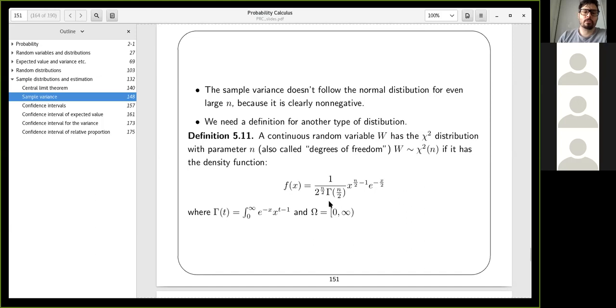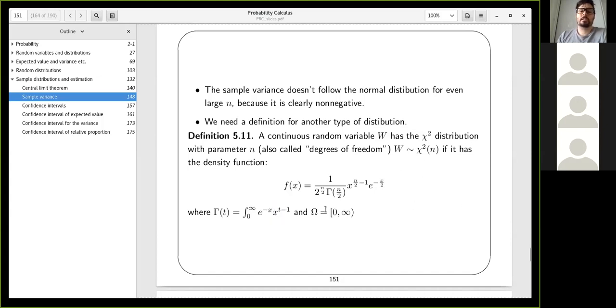It involves the use of the Euler gamma function here, and this goes very far beyond the scope of this course to prove. So we're not going to go in depth, but this is a distribution that is used. It's something that we can only calculate numerically. It can be calculated numerically pretty easily, but by hand, no one is ever going to do that because it involves infinite integrals and all that.